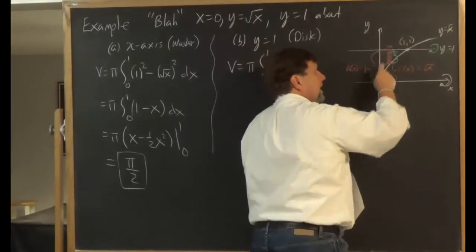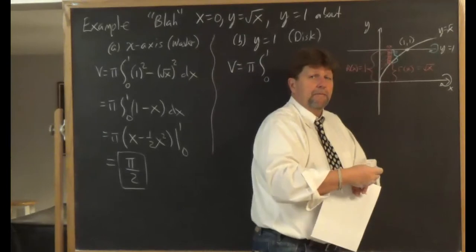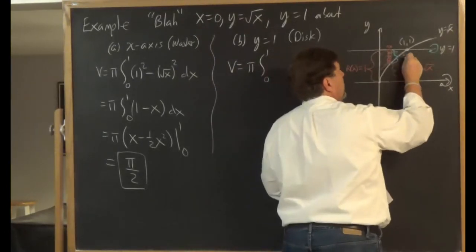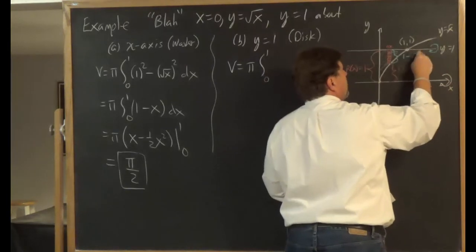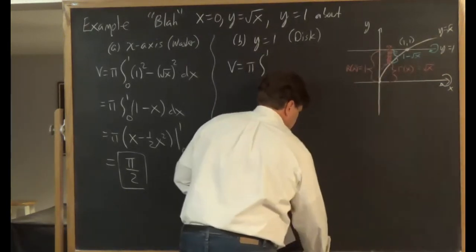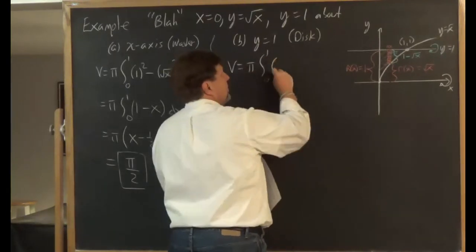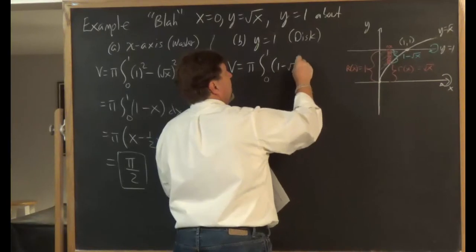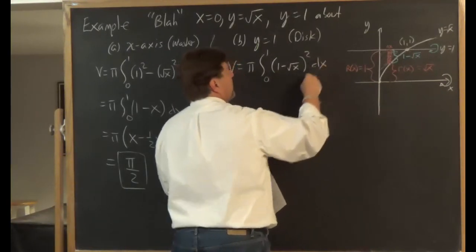So it's the height of the rectangle. Well, the height of the rectangle is just 1 minus square root x. It's the top curve minus the bottom curve. So it's 1 minus the square root of x squared.